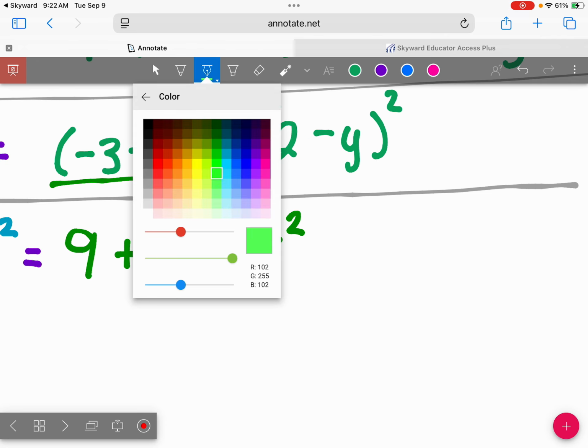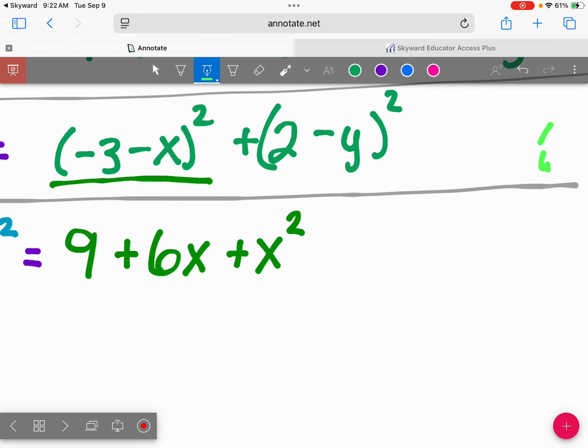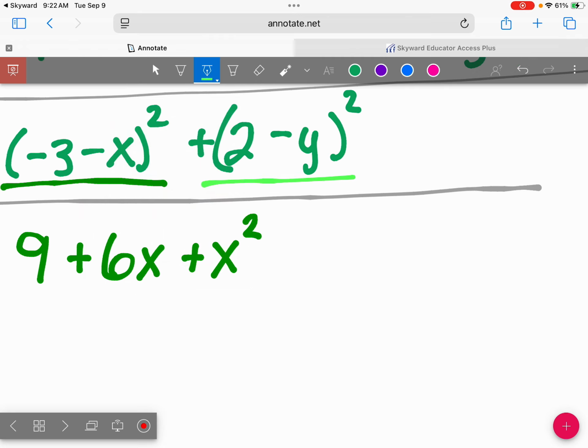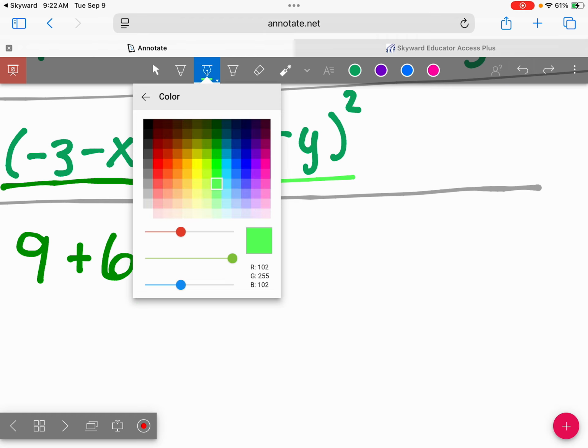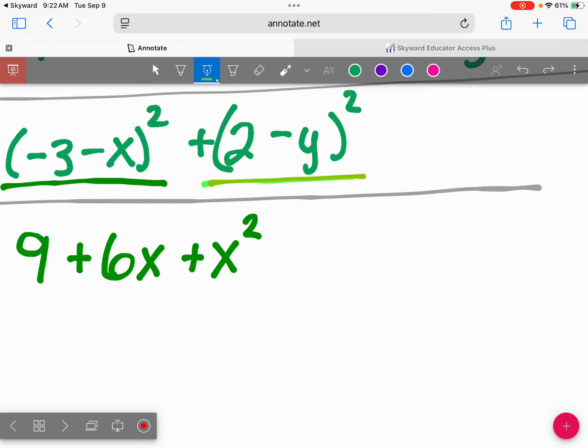And one more set of these. So then we're going to have our plus 2 times 2 gives us 4. Minus 2y minus 2y, we get minus 4y, plus y squared.